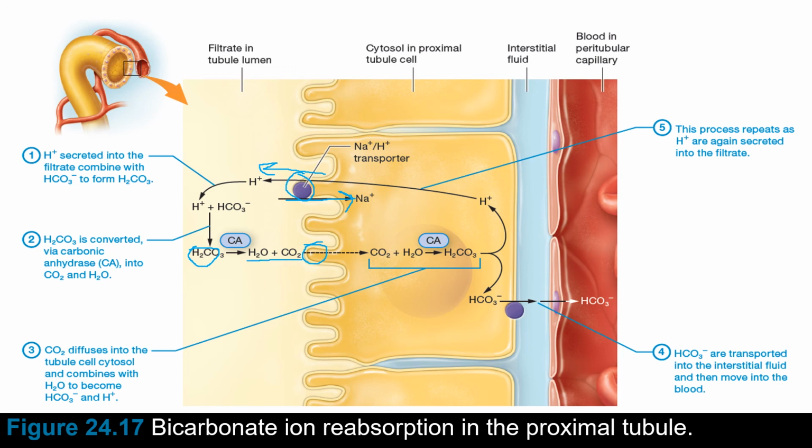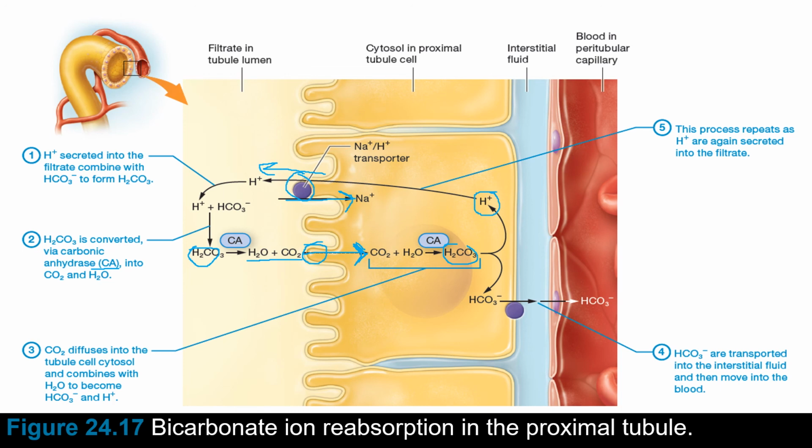This water and this CO2 are going to be transported into the cytosol of the tubular cell, and once it gets in there, more carbonic anhydrase is going to convert it back into bicarbonate and hydrogen ions.